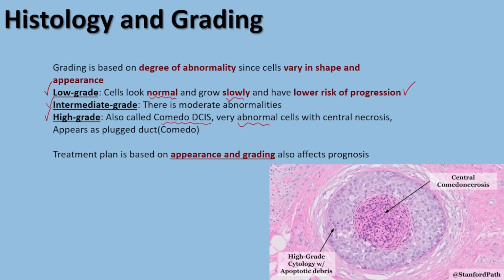They do not look like epithelial cells of the duct, and also you are going to find central necrosis in the ducts of the breast. And also because we have many cells inside the ducts of the breast, you are going to have comedo, which is the plugged duct, meaning that the duct is obstructed by the cancer cells.